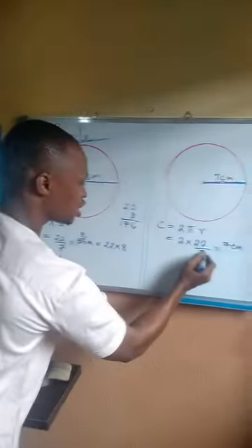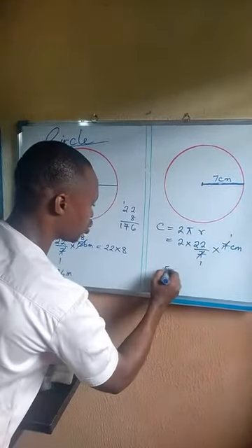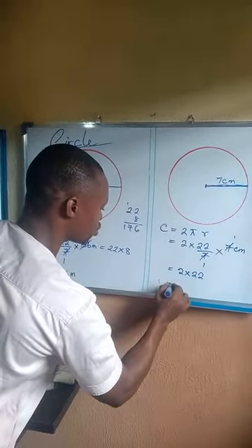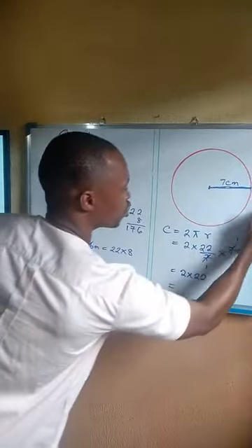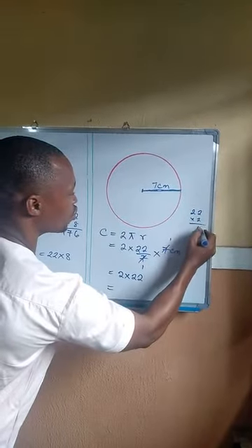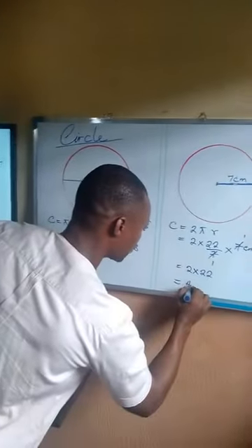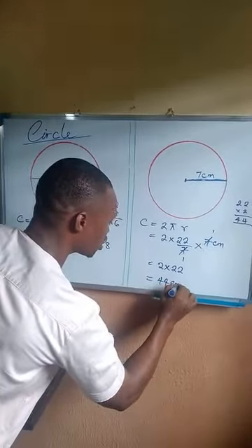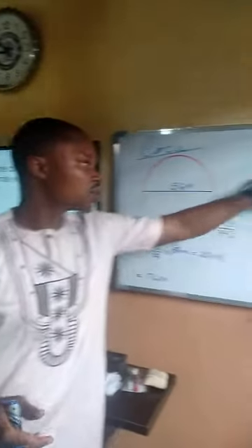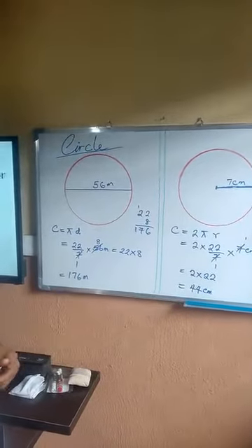So in this case, 7 cancels 7. So we have 2 times 22, which is 44 centimeters. That means the distance around this circle is 44 centimeters.